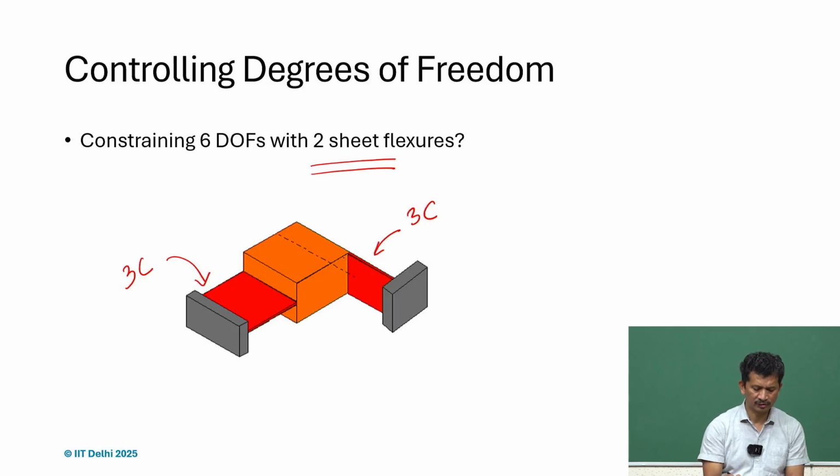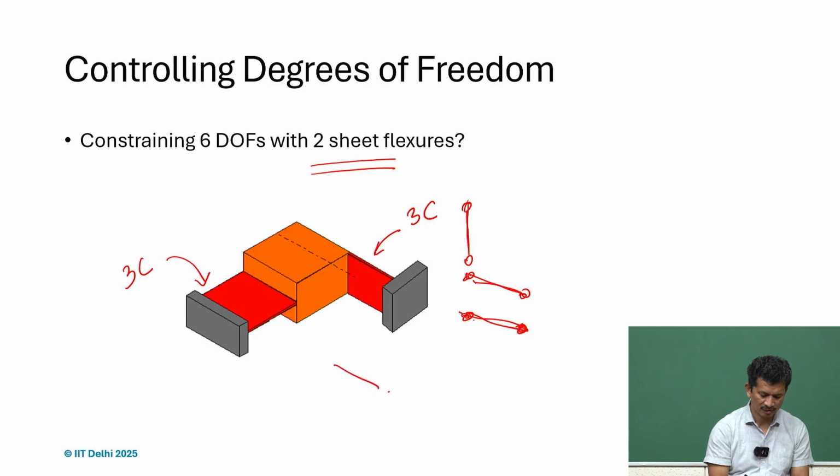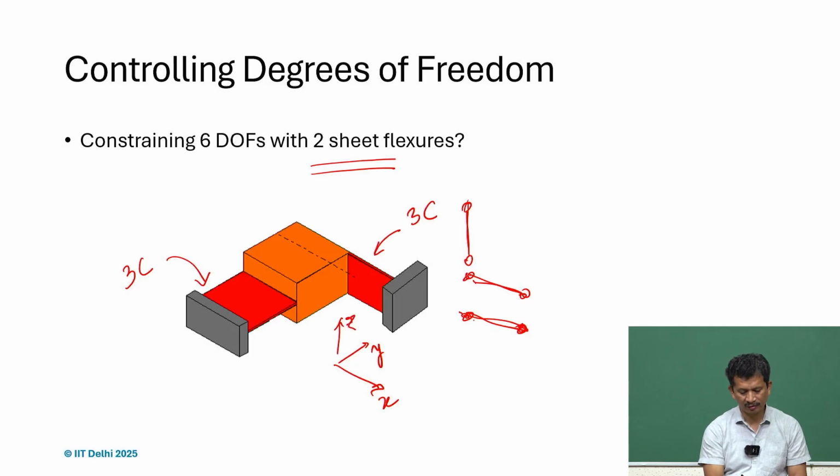So, for instance, for this case, what are the equivalents? 2 parallel you can have and 1 like this. So, if we define some axis, say x, y and z axis, yes, these are along the x axis, but this is making a plane.